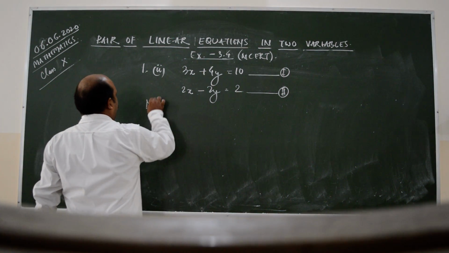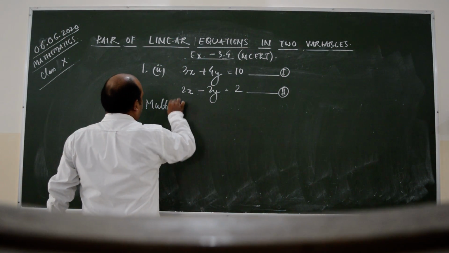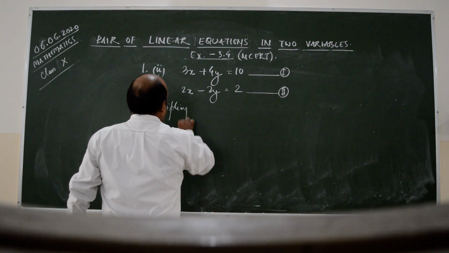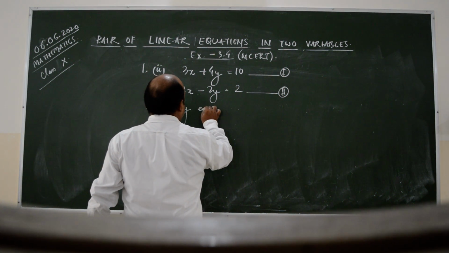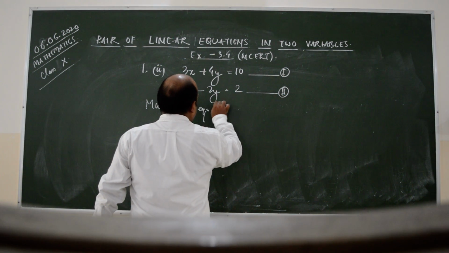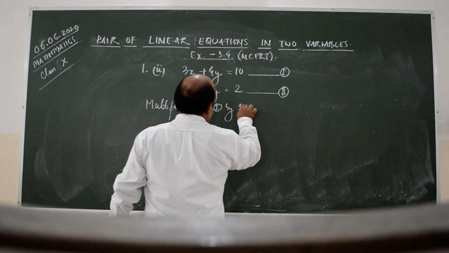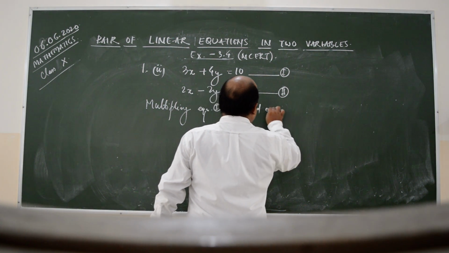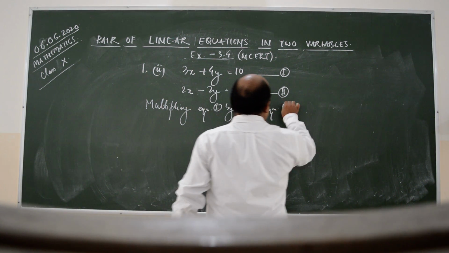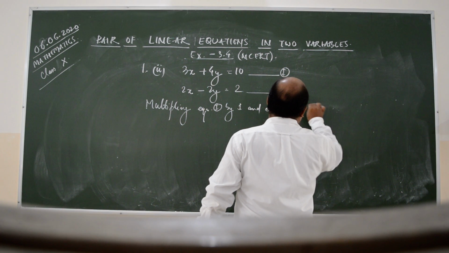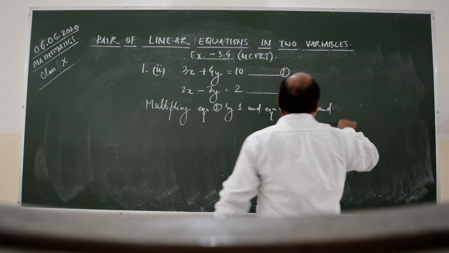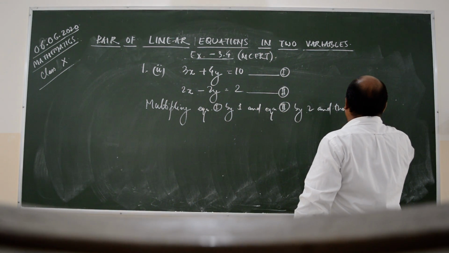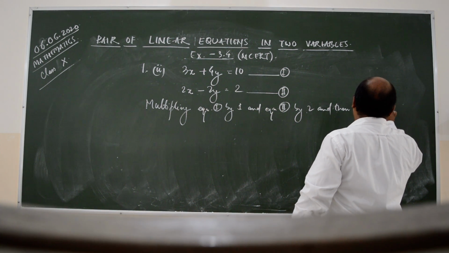So we will write: multiplying equation 1 by 1, because no change is required there, and equation 2 by 2, and then we will add them.